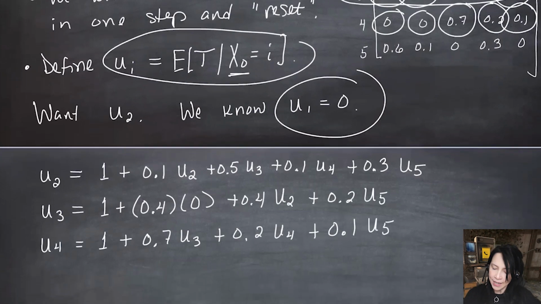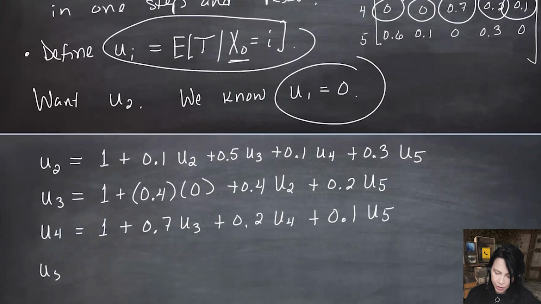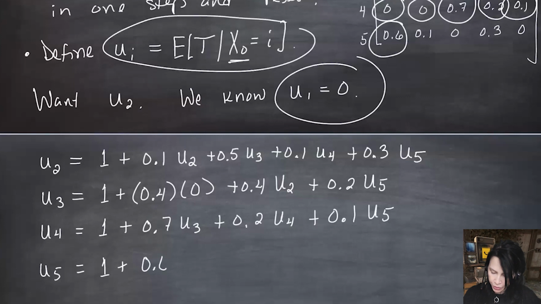So finally, I need a U5, and I'm going to run across that final row of the matrix. I'm at 5, and I want to hit 1. I need to take at least 1 step. Now with probability 0.6, I have moved to state 1, and I count 0 more steps, which again, you could write U1 because U1 is 0.